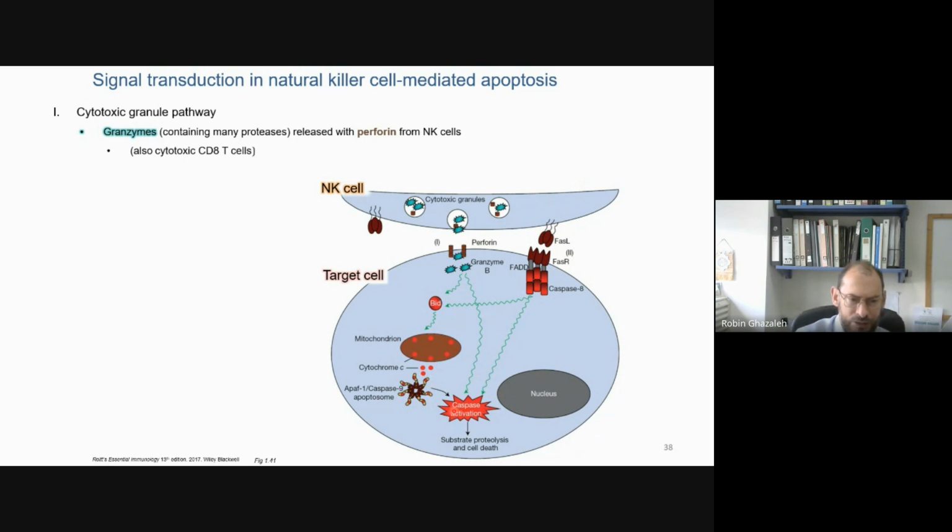There's a lot on this slide, but it will all come together gradually. So in the next slides, we'll look at this intracellular pathway in more detail. But now the objective of this slide is to introduce these two pathways, but to focus on the methods by which the natural killer cell is able to stimulate these pathways.